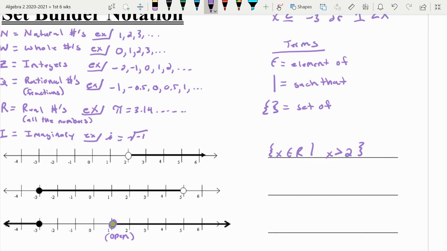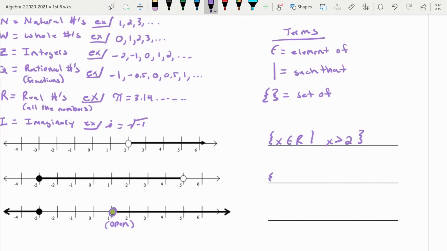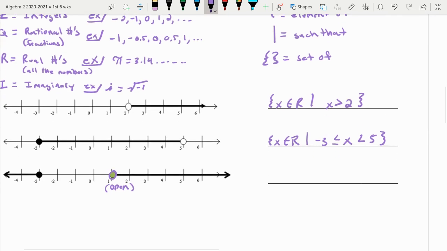Let's go on to the next interval. We can say the set of x is an element of the real numbers such that -3 is less than or equal to x is less than 5. And when we get into reasonable domain, we'll talk about why we would want to declare different number systems.